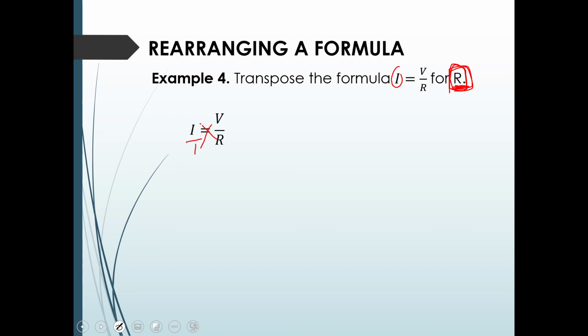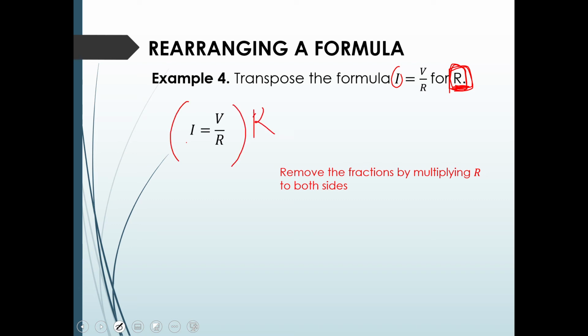Or the other way is by multiplying r on both sides. Two things: either you cross multiply, or you multiply r on both sides. So if we multiply r on both sides, r here and r here.